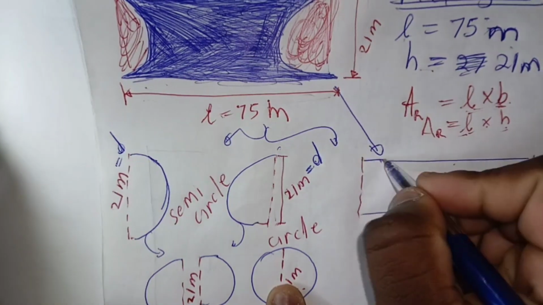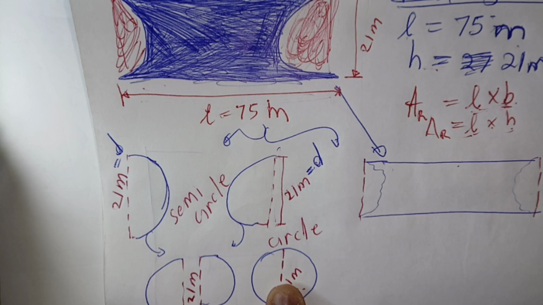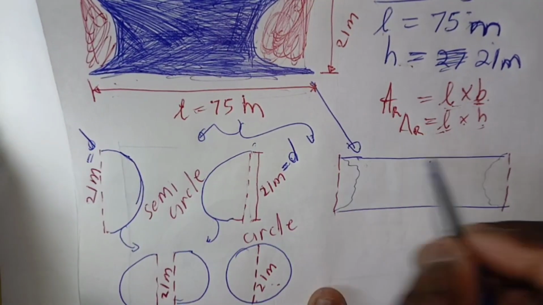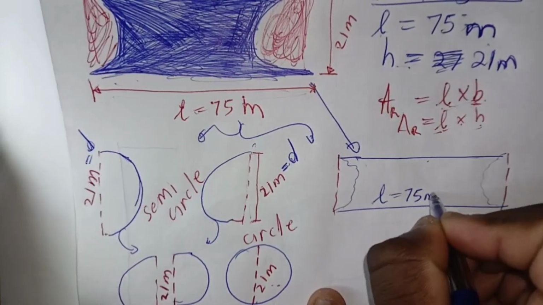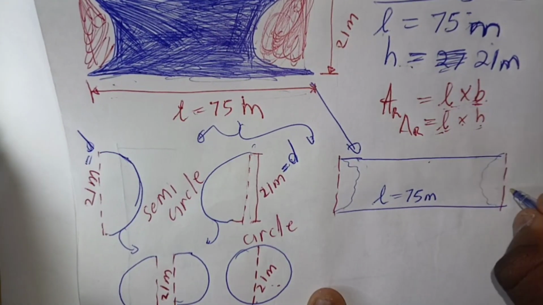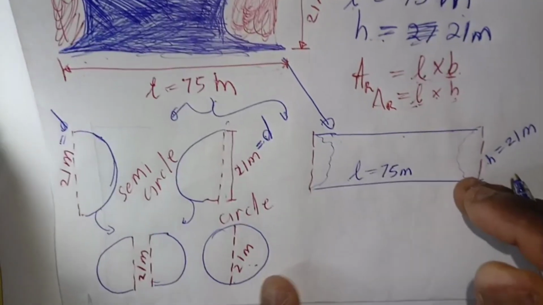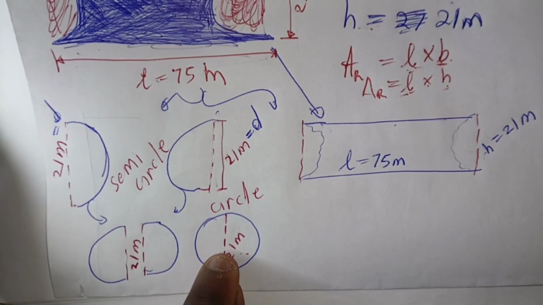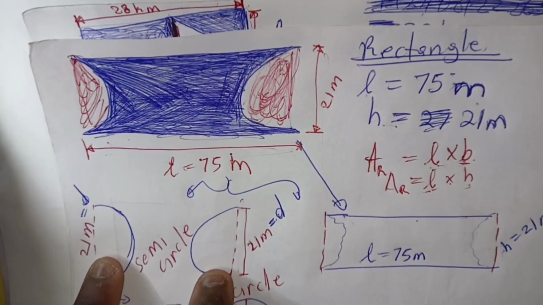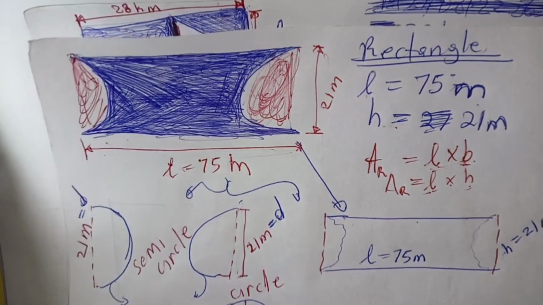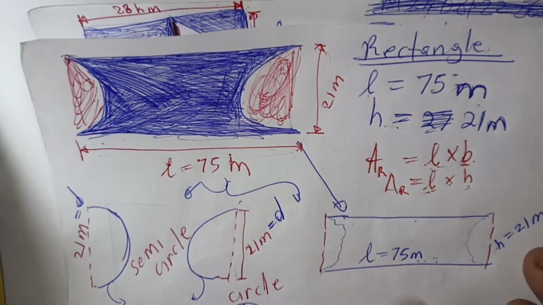Do you see that? And here, there are those semicircles. So in this rectangle, the length is 75 millimeters and the height is 21 millimeters. Now I shall calculate the area of the circle formed by these two semicircles, and subtract it from that rectangle.